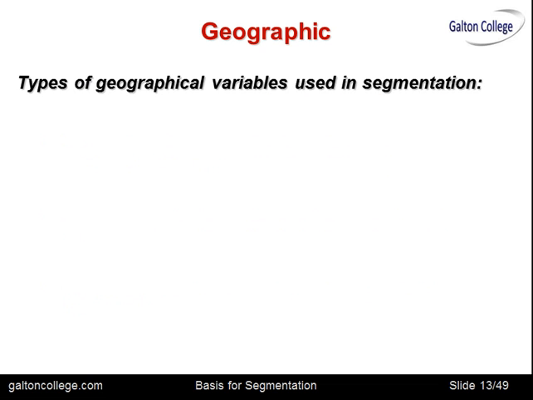Now, the types of geographic variables used in segmentation. Well, it could be the region, the country, the state, the city, the town.